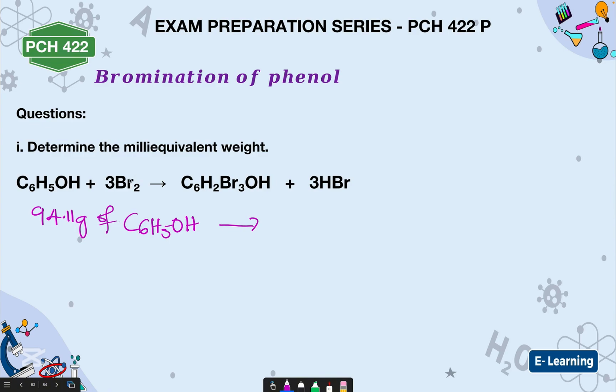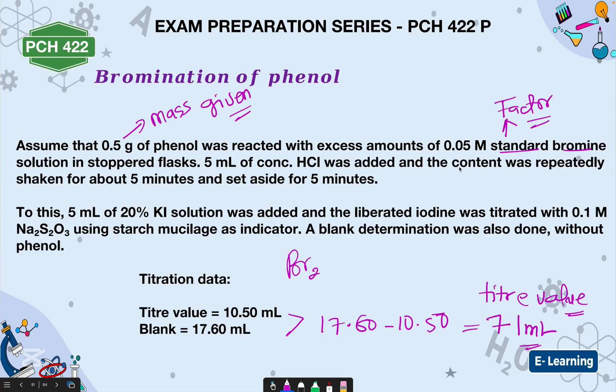Now, this 3 moles of bromine, based on what we'll be doing on milli-equivalent, can be written as 3000 ml of 1 molar solution of bromine. Are you getting it? But in the question, what they ask you is 0.05 molar standard bromine. So we must convert that 1 molar to 0.05 molar.